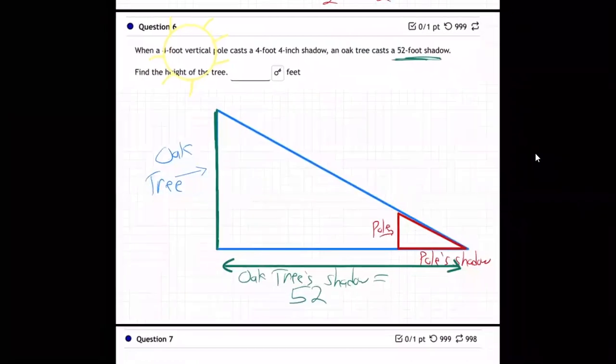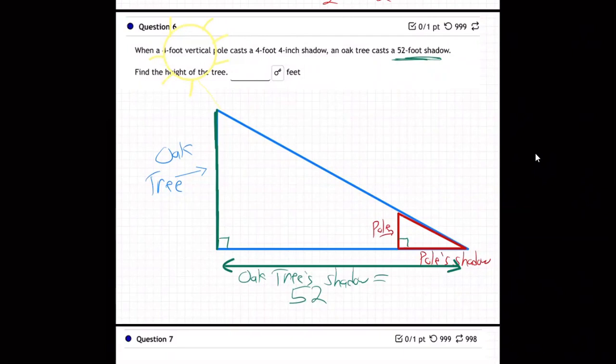We're assuming these are right angles because the oak tree goes straight up, not leaning, and the pole goes straight up, not leaning. A shadow happens when something blocks the rays of the sun. The oak tree blocks and makes a shadow on the ground. The pole over here blocks and makes a shadow on the ground.